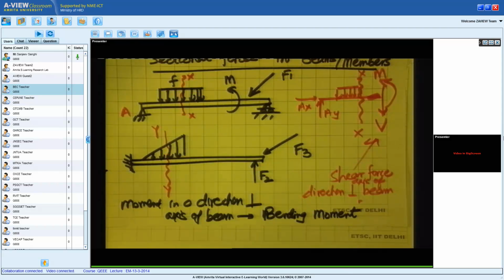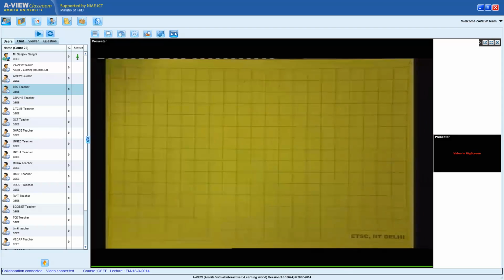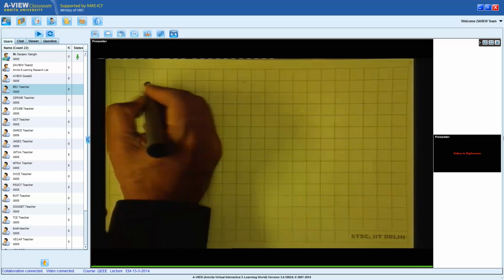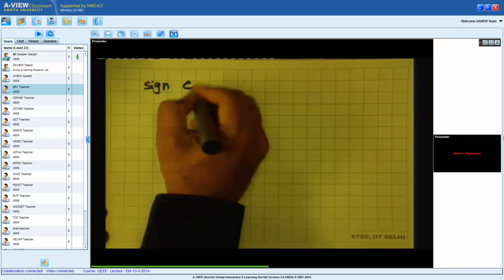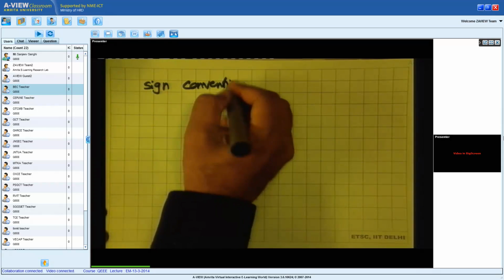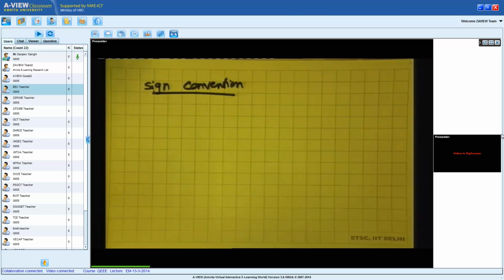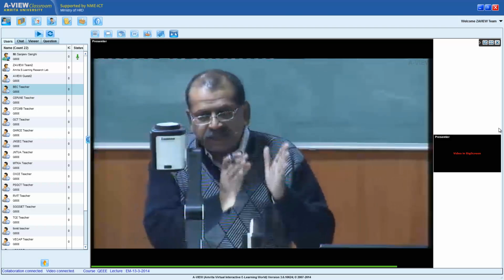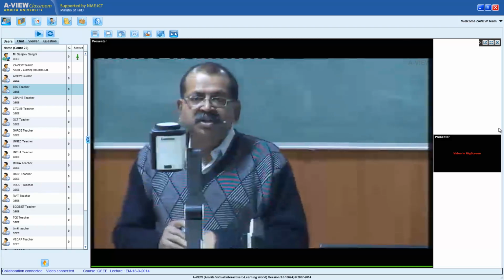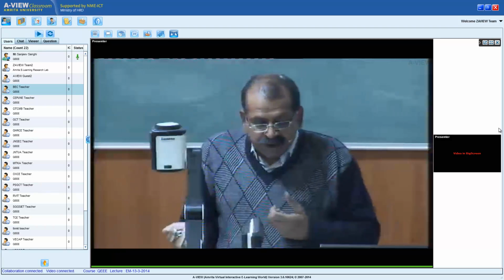We defined a shear force and a bending moment, and after that we talked of a sign convention. And the sign convention was done in such a way so that whether you take the left section or the right section, the shear force is given by a unique value.